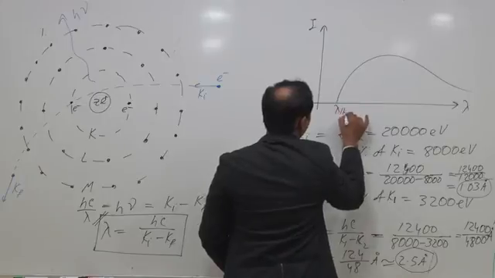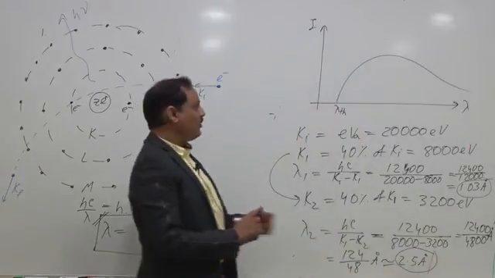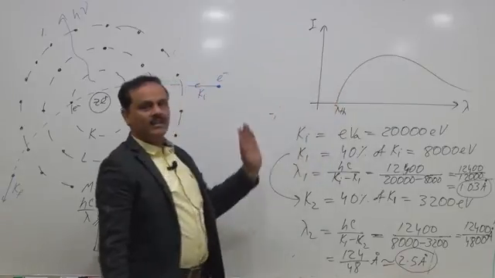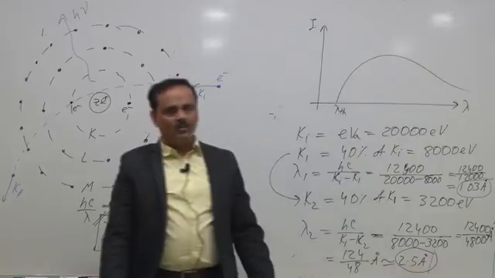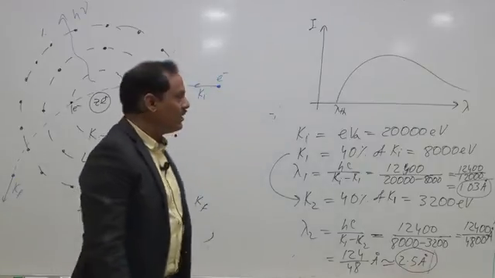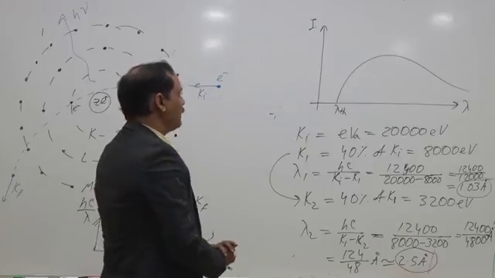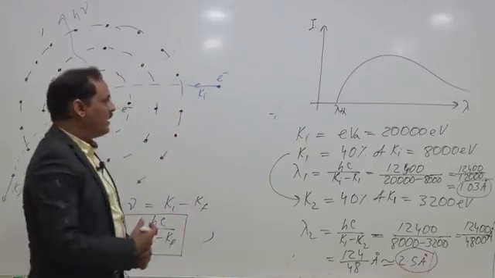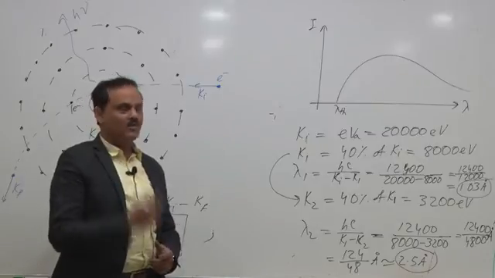It starts from lambda Th and goes up to infinity. There will be no photon having wavelength lesser than the threshold wavelength, and no photon having wavelength greater than infinity. So the graph lies between lambda Th and infinity. And as I said earlier, any function which begins and ends at 0 must have at least one peak.